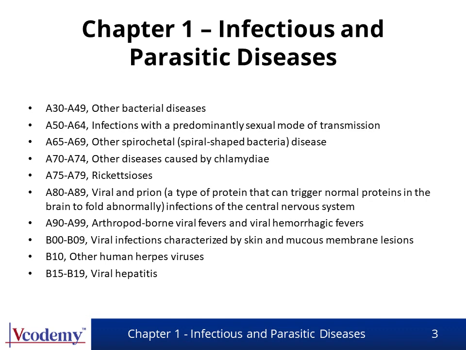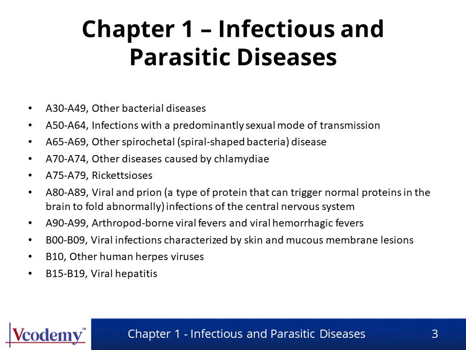A70 to A74 has other diseases caused by chlamydia. A75 to A79, rickettsiosis. A80 to A89 has viral and prion diseases, a prion being a type of protein that can trigger normal proteins in the brain to fold abnormally, causing infections of the central nervous system, CNS.